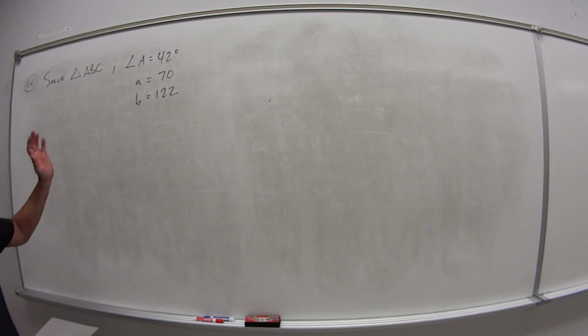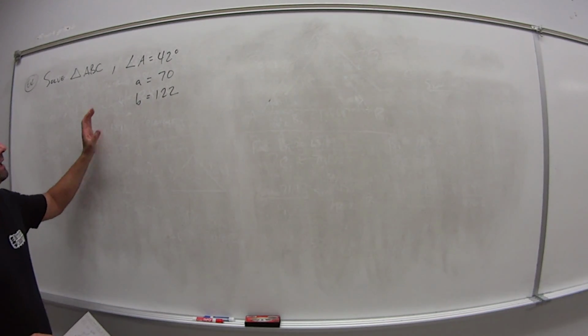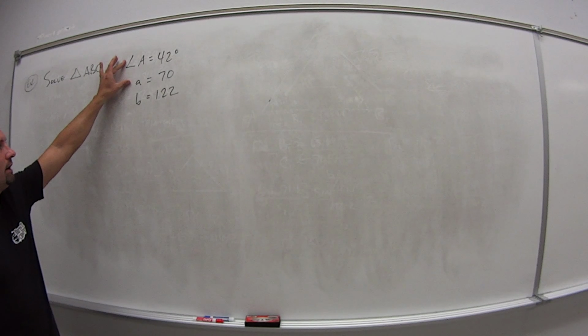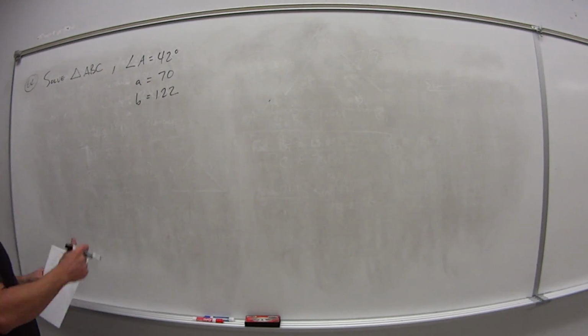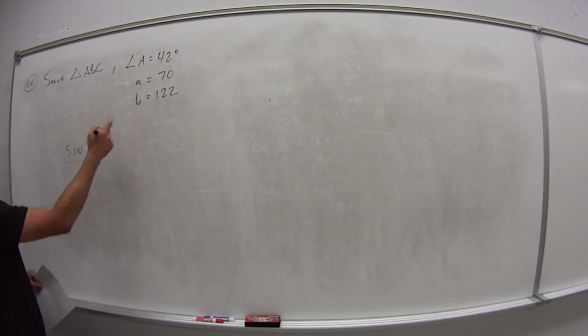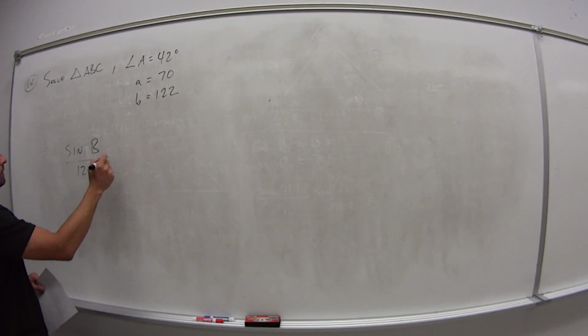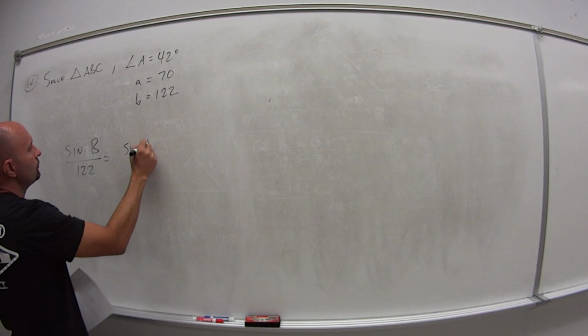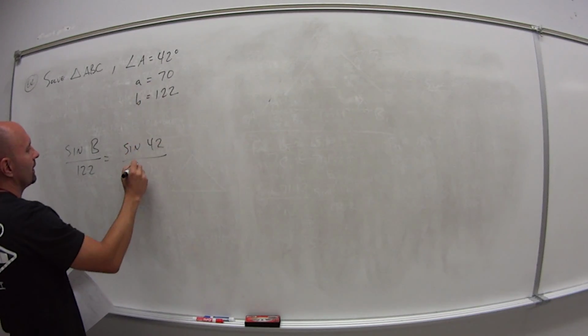So again, I'm not even going to draw the triangle. I don't know what this thing looks like yet, but I know I have angle A, side A, and side B. So I can do what? Law of sines, say sine B over the length, 122, is sine of 42 over its length, 70.